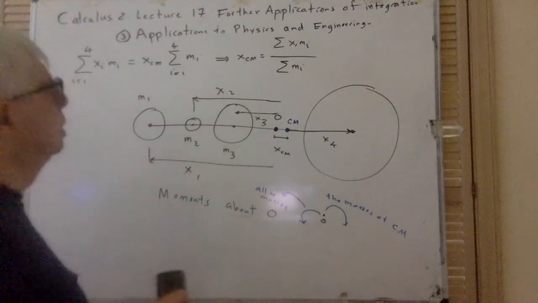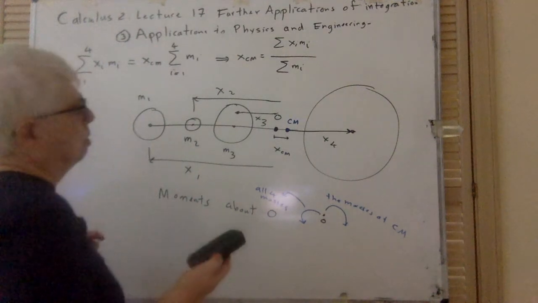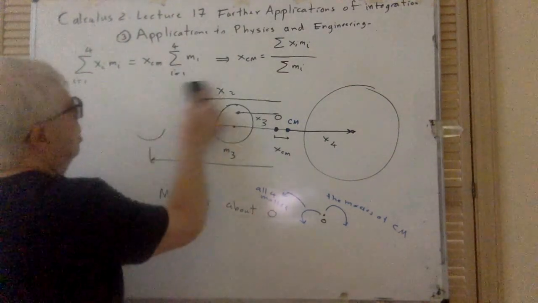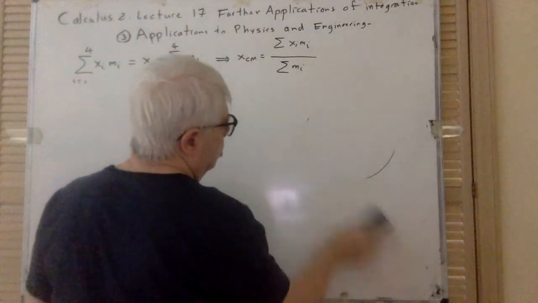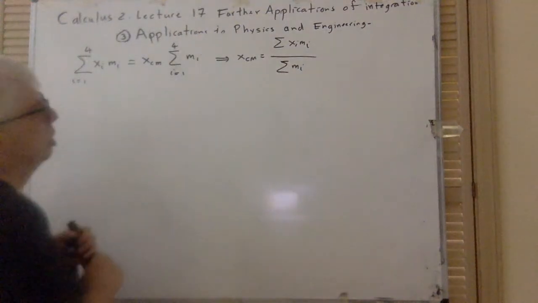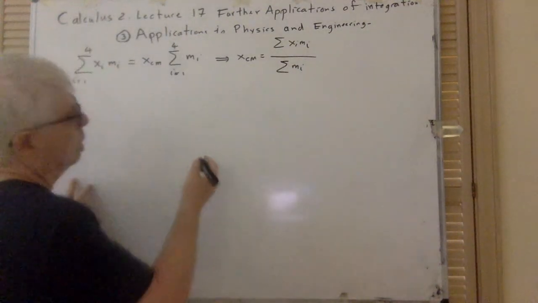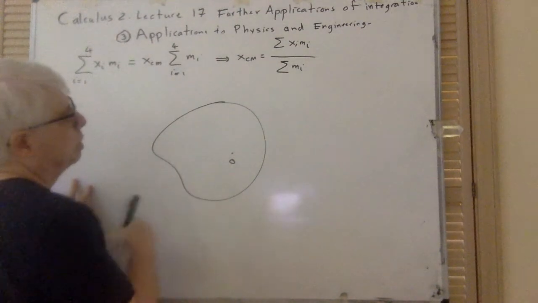Okay, so what happens if I have a solid body which is not like this? So what if I have something like this? And you have set point O here.